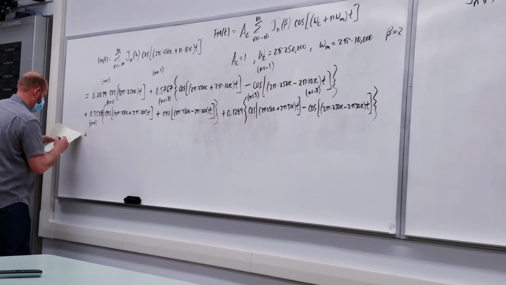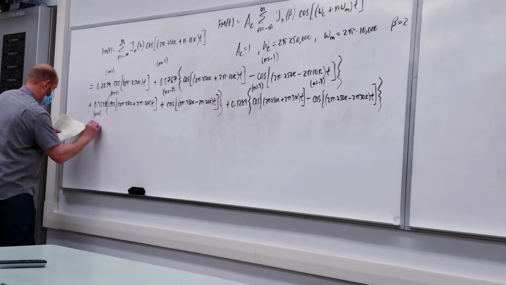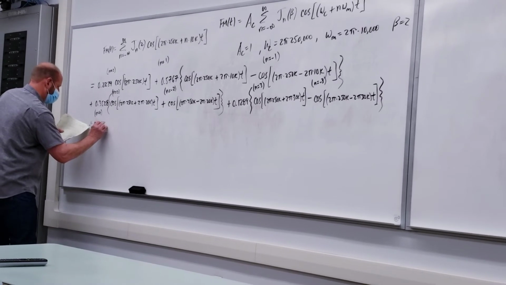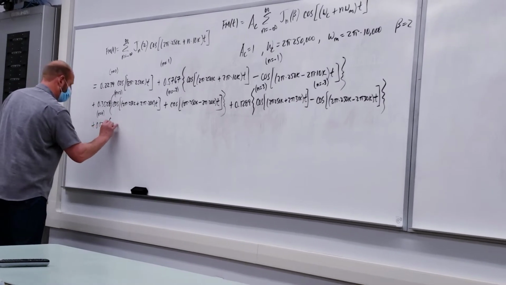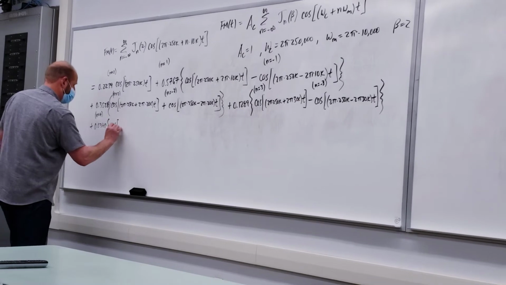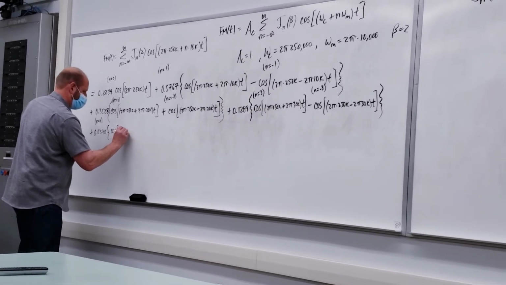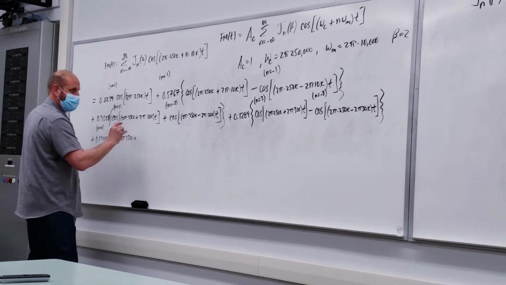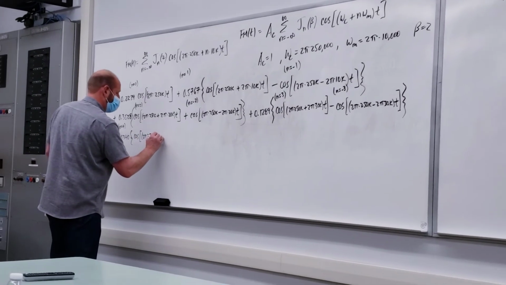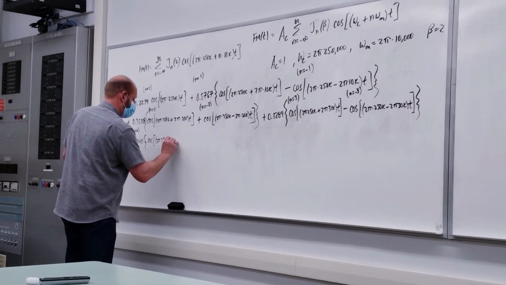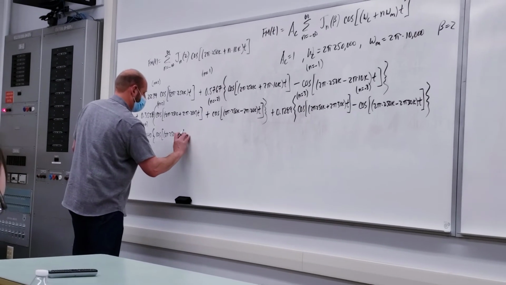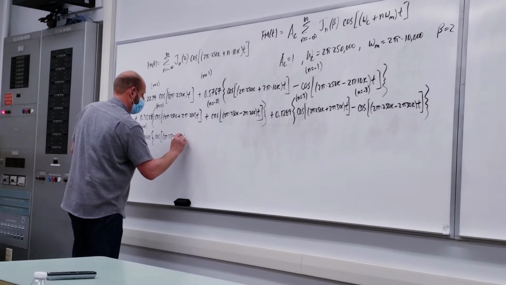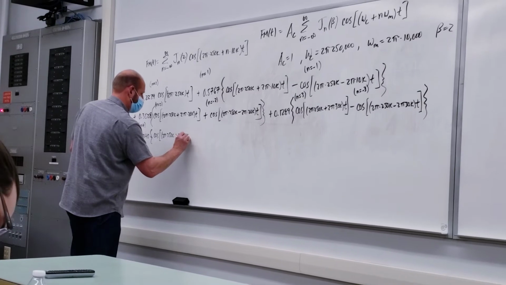For n equals plus 4 term, I get 0.0340 cosine 2 pi times 250,000 plus, now it's going to be 4 times, so it's going to be plus 2 pi times 40 kilohertz t.